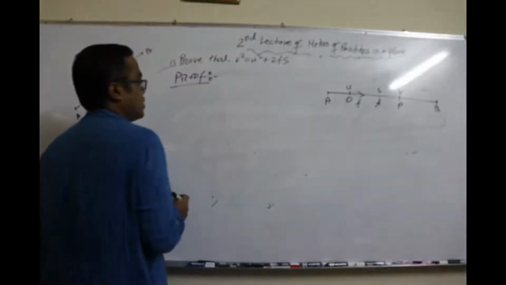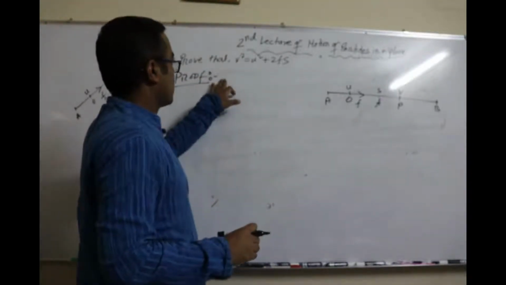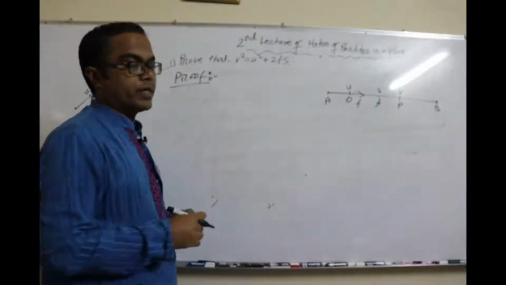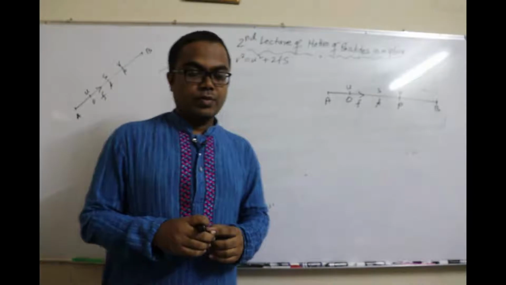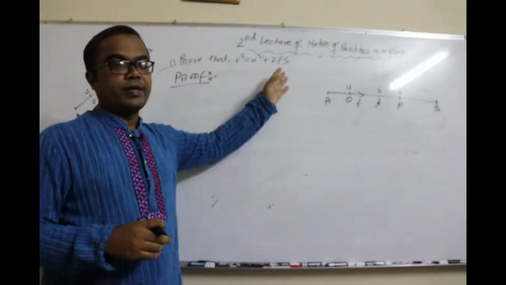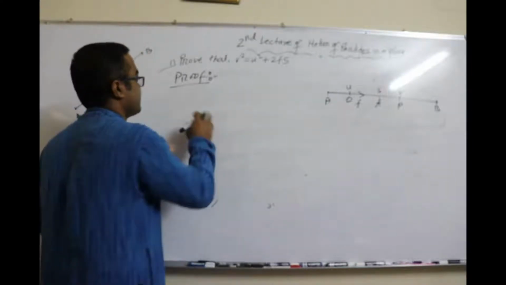Okay, in the previous class I wrote this one, you can write. Let a moving particle start from the point O along a straight line AB like this.